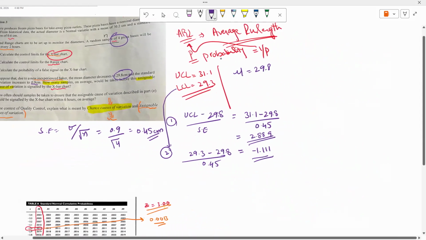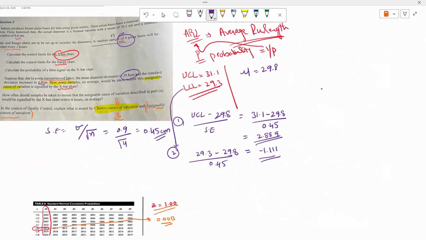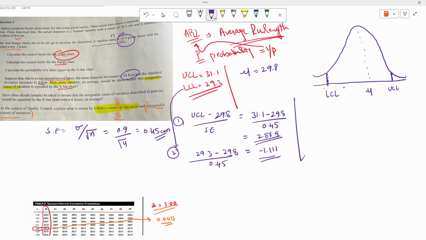Now, for the last time I'm explaining, because this is a really good example to get done with this intuition. This is your mean, this is your UCL, and this is your LCL, let's say. Now, how far away your UCL is, this is what the z-score tells you, 2.889.